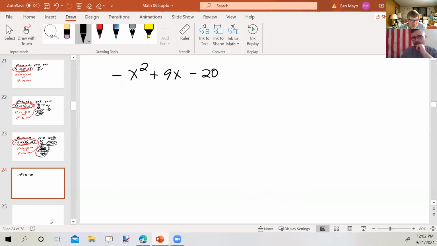So what we want to do is factor out that -1, because it's easier to factor a polynomial when the leading coefficient is positive. So I'm going to rewrite it like this. Notice factoring out a -1 changes the sign of each term in the original trinomial.